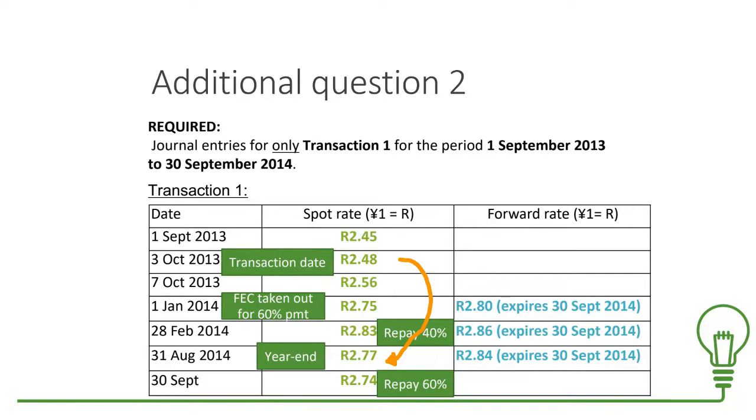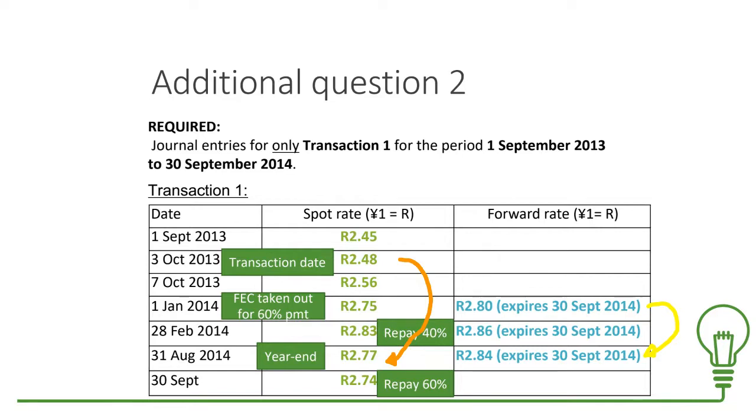With the FEC, we're moving from the 1st of Jan, which is the date that we created it, or took it out, to year end date, which we're moving from 280 to 2.84.